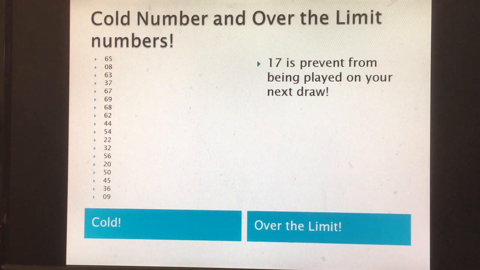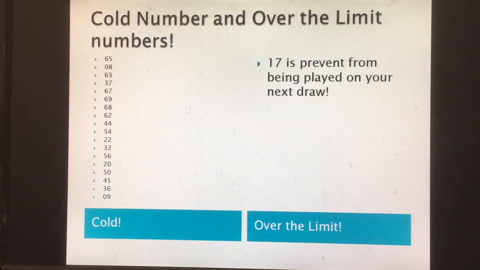Now the code number for the next draw, Friday's draw, which is the 23rd.